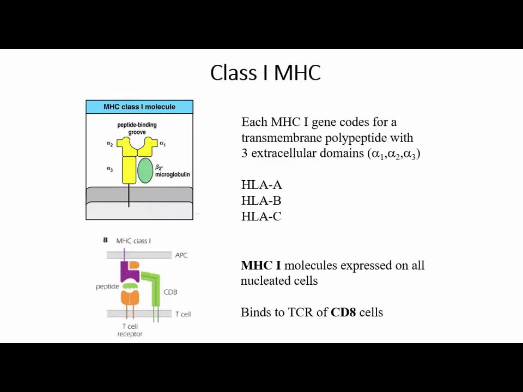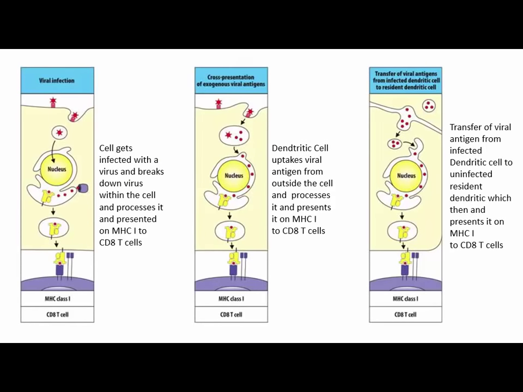MHC1 presentation will help to present viral antigen. This is just an overview of the different ways in which viral antigen can be presented. First of all, you have a cell that's infected, breaks down the virus and presents it to a CD8 cell.